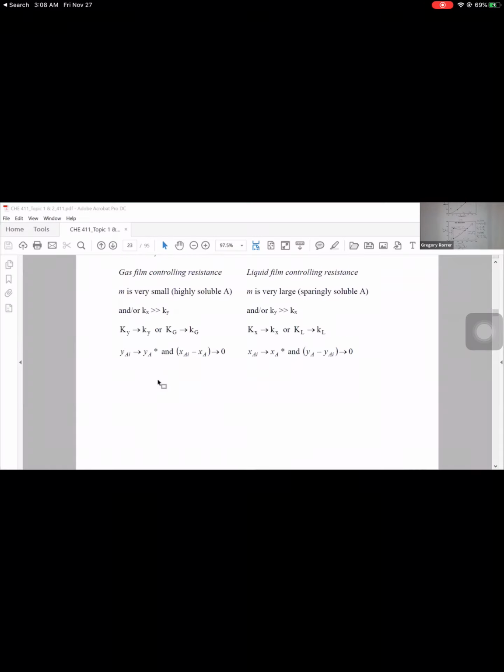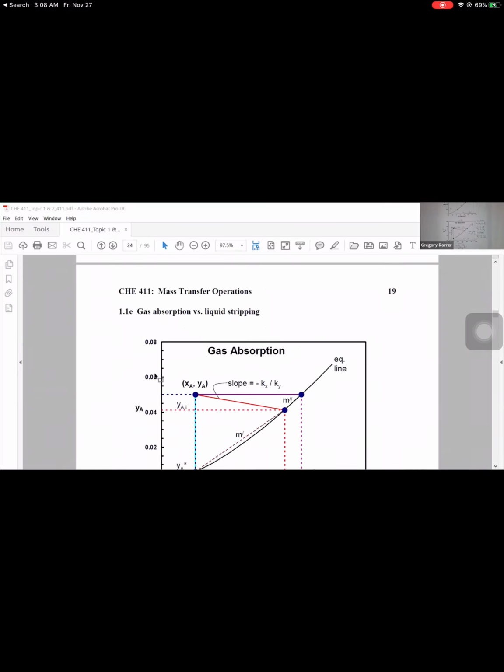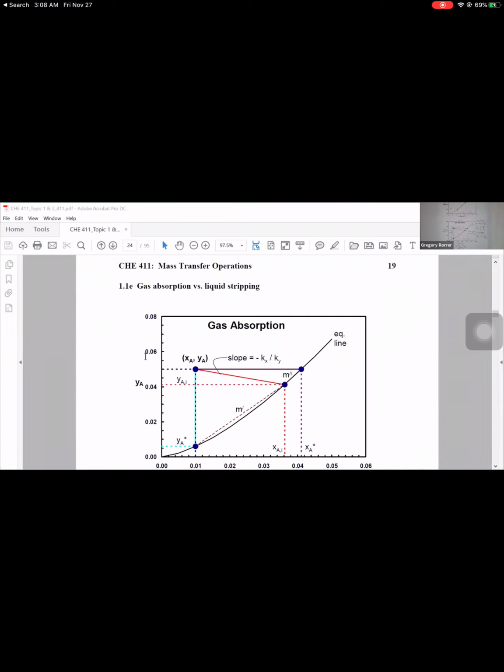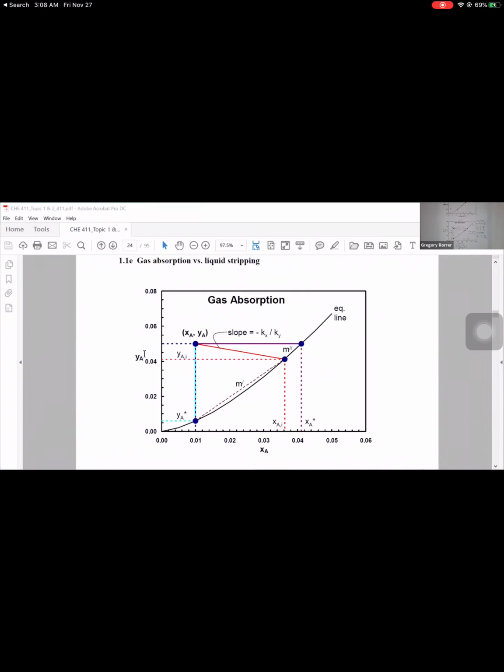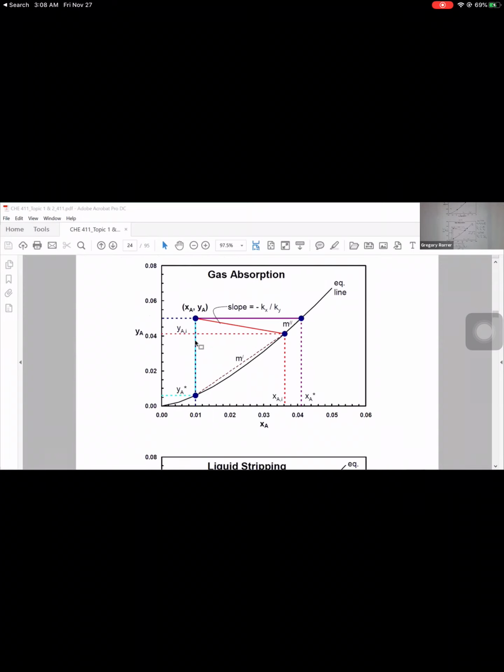Back to lecture notes. Now we're still in mole fraction coordinates here. We've talked to death the gas absorption part. What I want you to do is just look at gas absorption relative to liquid stripping.